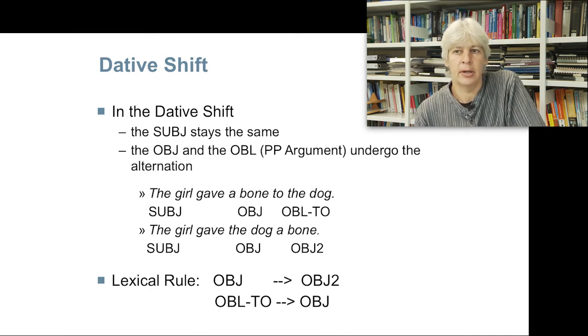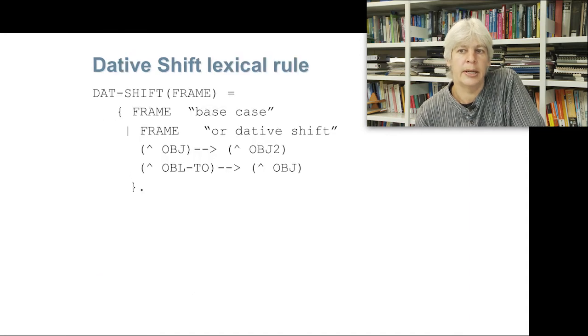The girl gave the dog a bone, subject, object, and we'll call this object 2. We can call this other things as well, but for now we'll just call it an object 2. So the lexical rule will be object goes to object 2, and the obl2 goes to object. Okay, so the former obl2 becomes an object, the former object becomes an object 2, a secondary object.